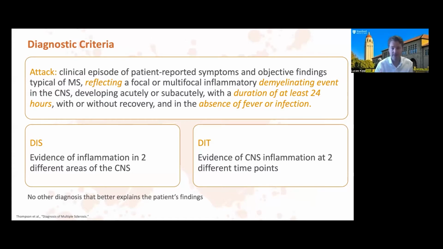That's all MS is. And so that's why you need to have at least one defining event that sounds like a typical demyelinating event before you even interpret their MRIs. You've got to have a high likelihood that what you're going to see on MRI actually matches or fits their clinical syndrome.